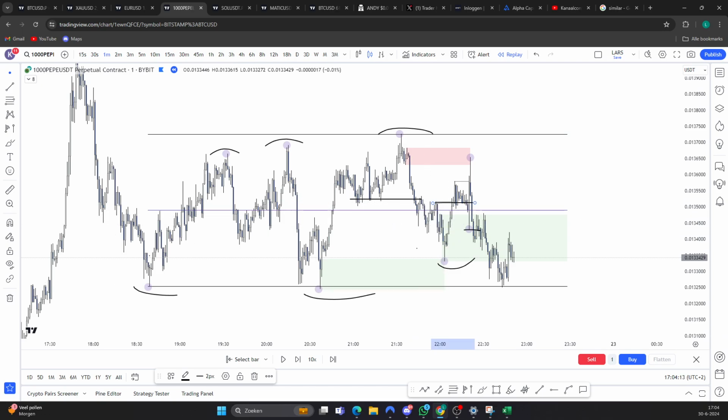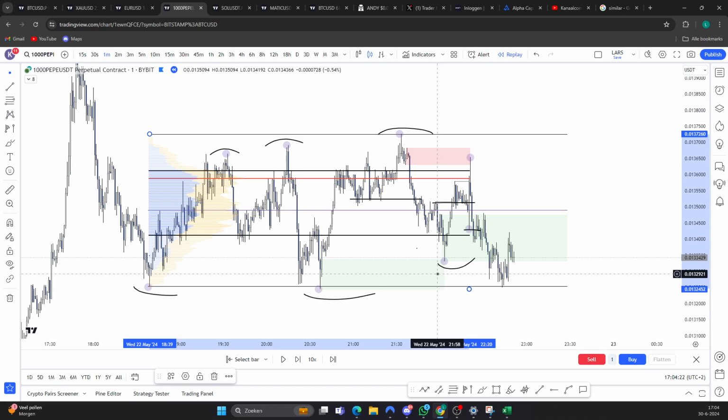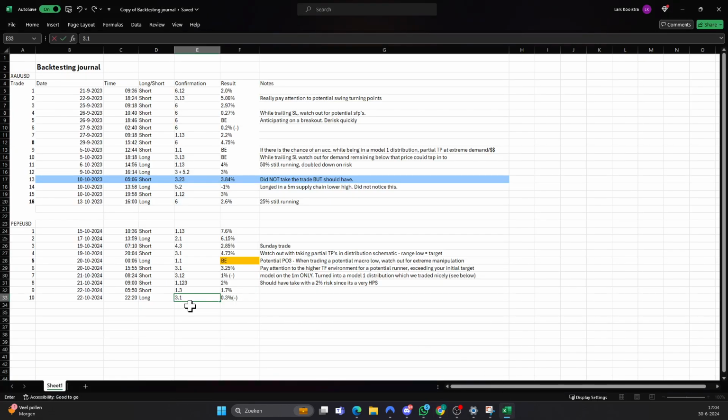Let me check. It was a Model 2, 3.1, and then price was stuck between accumulation distribution.